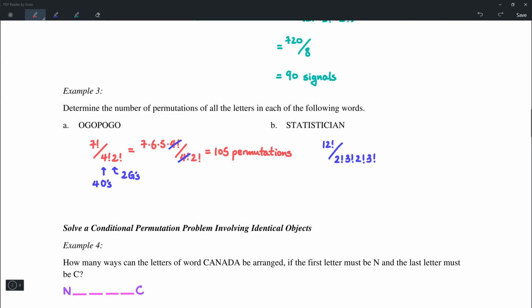Just going from left to right. So in this case, if we were to use a calculator to evaluate this, we'll get 3,326,400 permutations.